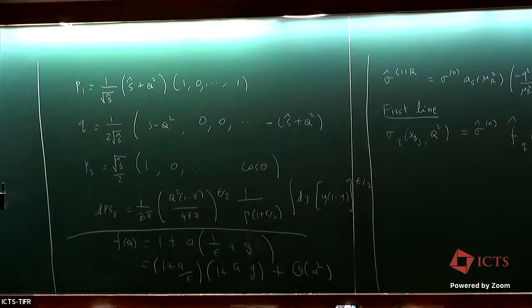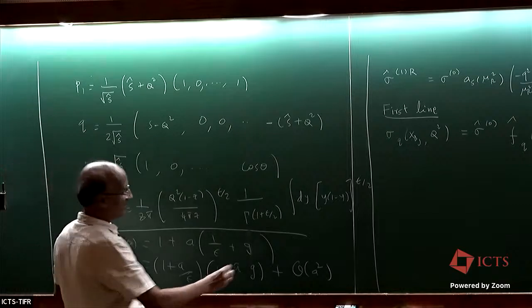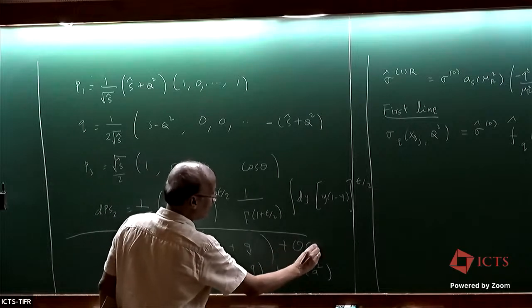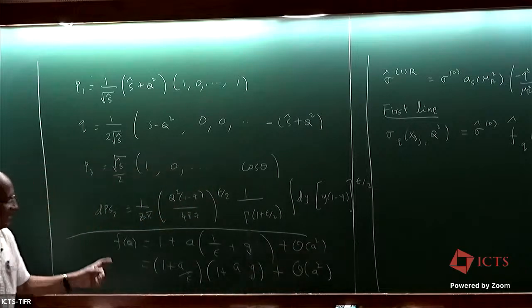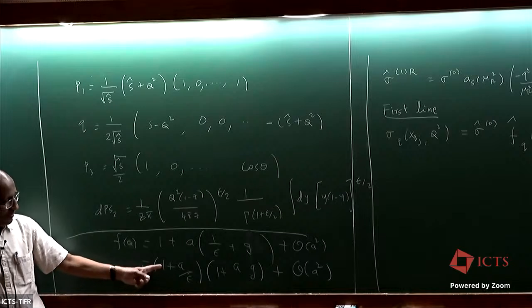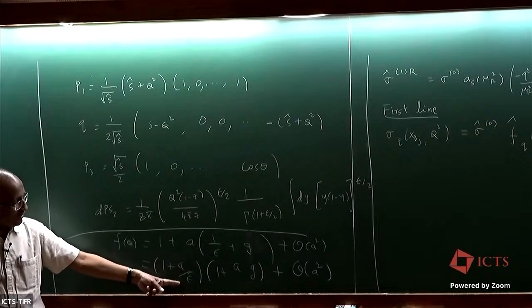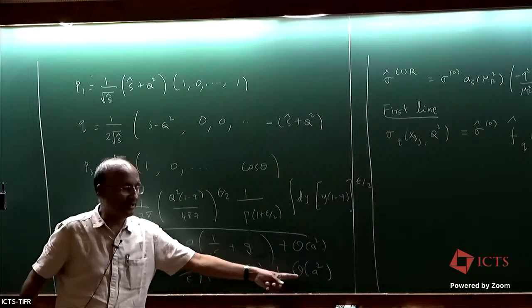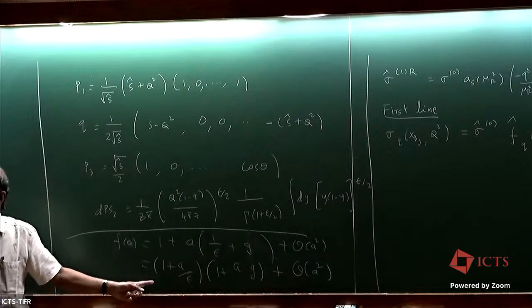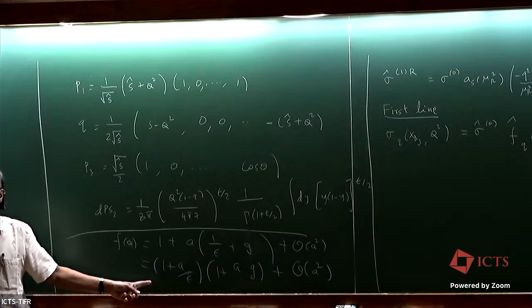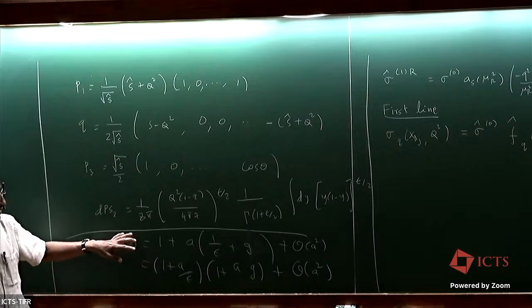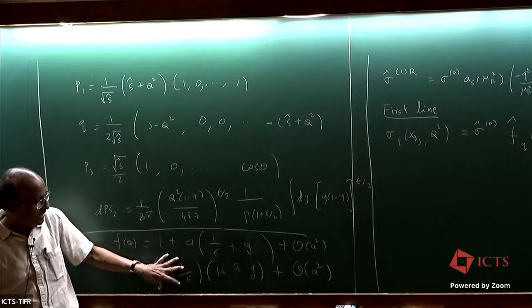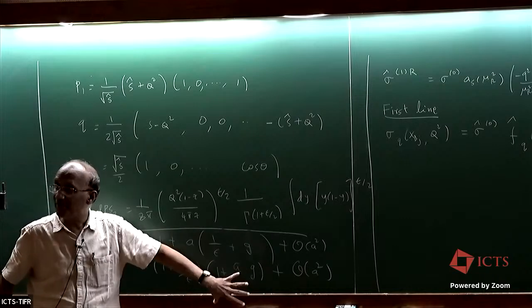As long as a is small, you can write it as a product of these two terms, if I am neglecting all terms of order a squared. So f of a can be written as (1 plus a by epsilon) times (1 plus a g) plus order a squared terms. This is a very good way of writing the epsilon dependent part here and the epsilon independent part here.